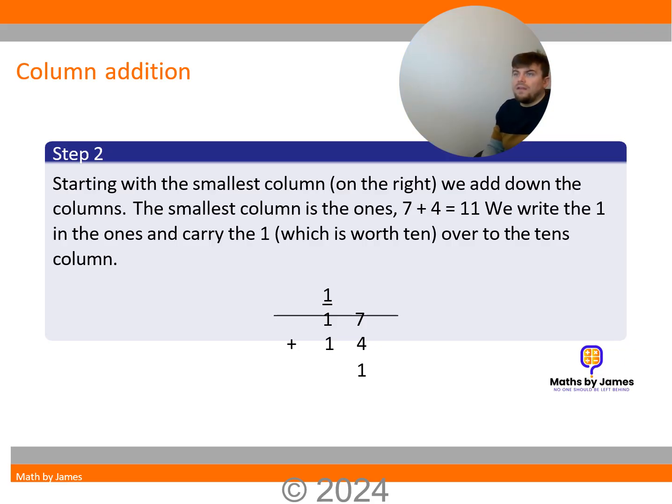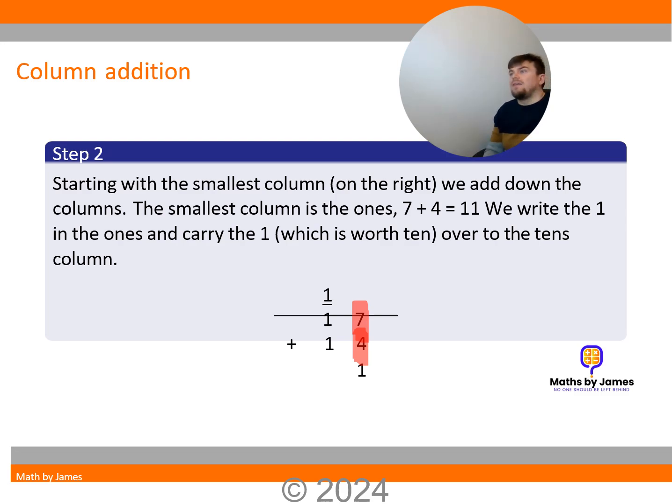So, on this one, this is a 7 and a 1. First of all we need to look at the column on the right, the ones. So this is our ones column. And what we need to do here is add how many ones we've got.